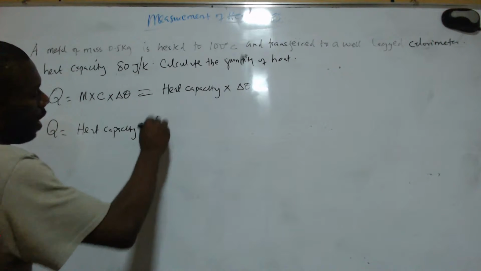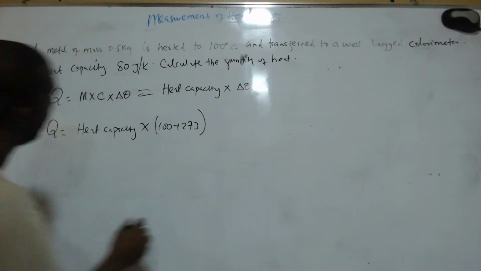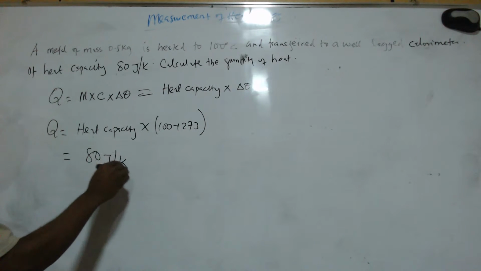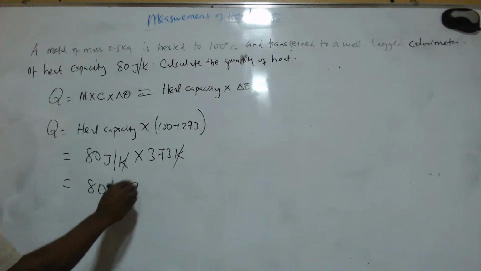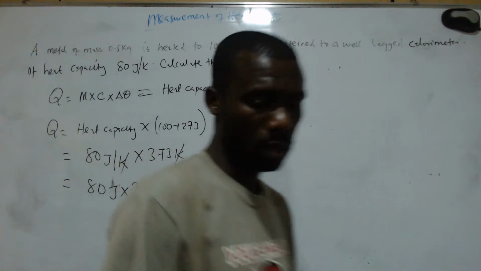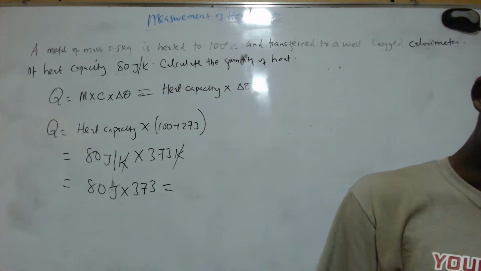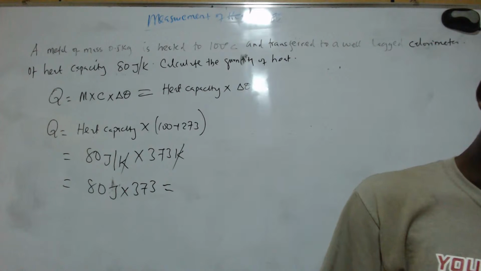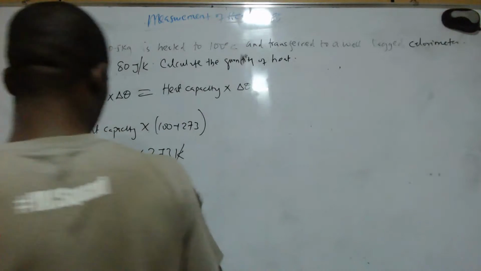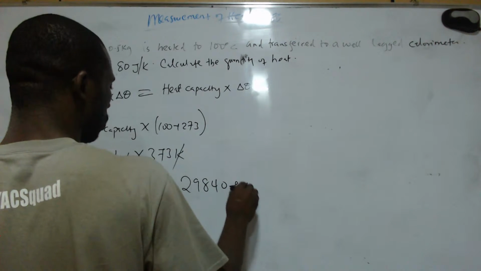Temperature is this: we have 100 plus 273. So our heat capacity was 80 joule per Kelvin multiplied by 373, which will give us the quantity of heat. 80 times 373 gives us 2984 joules.